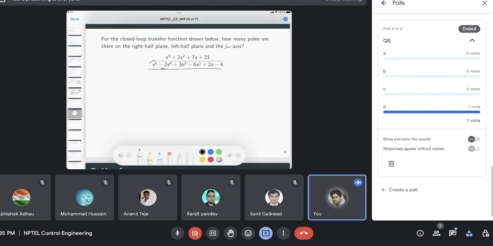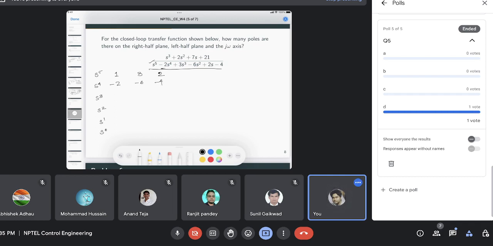Routh-Hurwitz table. So we have S5, S4, S3, S2, S1, S0. For S5 we have 1, then 3, 2. For S4 you have -2, then -6, -4.